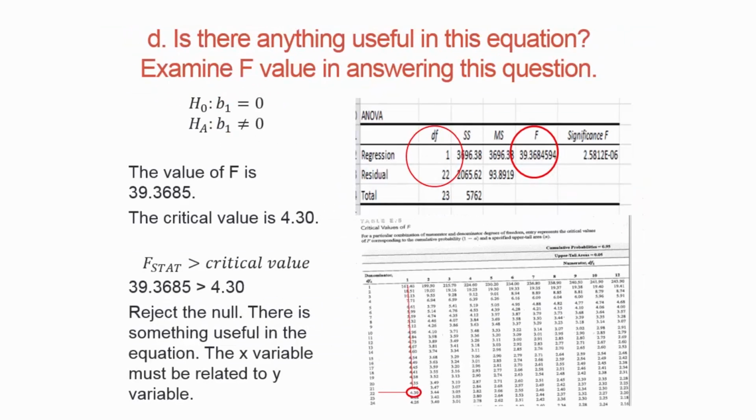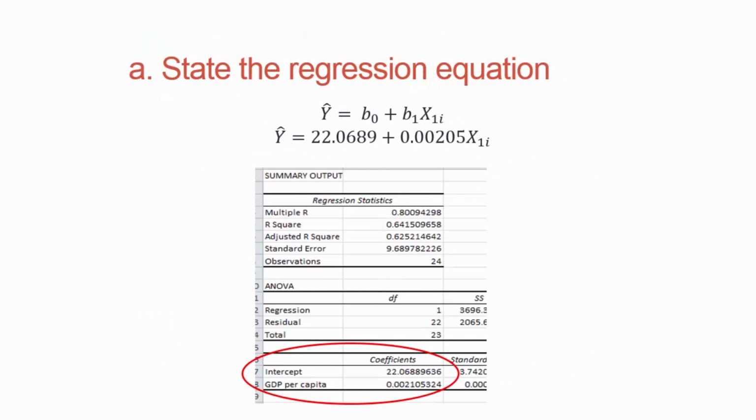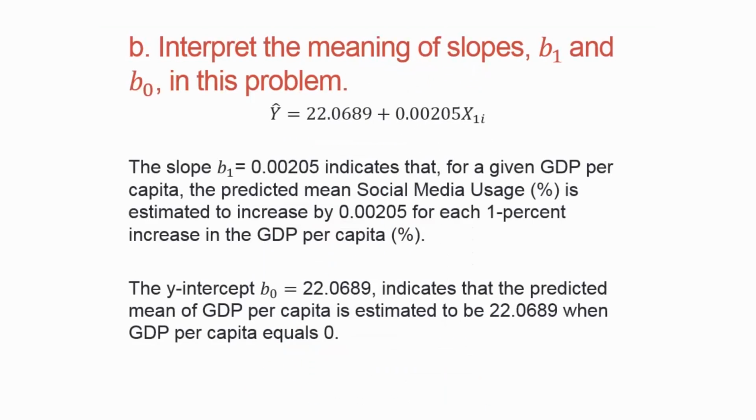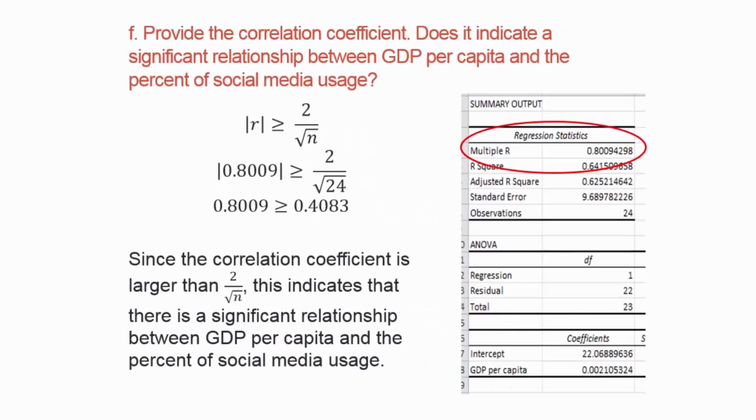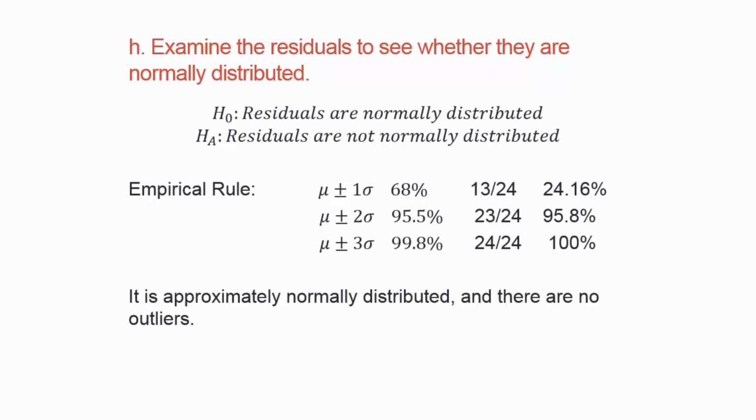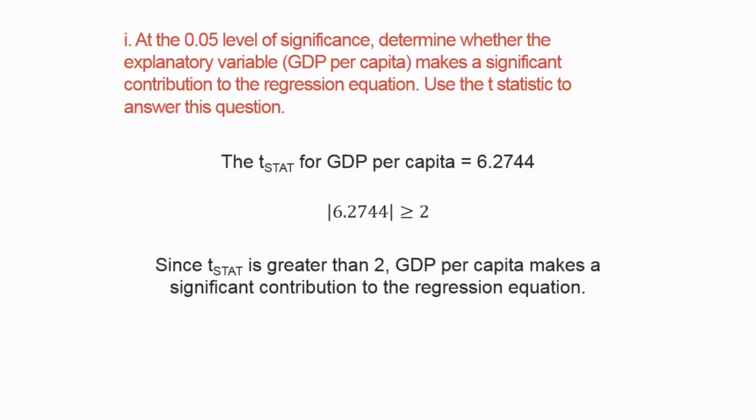We're going to have to see another portion of that printout to find where that number came from. The t-stat was 6.2744, and the critical value I want to compare with is 2.0 in absolute value. Since 6.27 is greater than 2.0, that tells me GDP per capita makes a significant contribution to the regression equation.